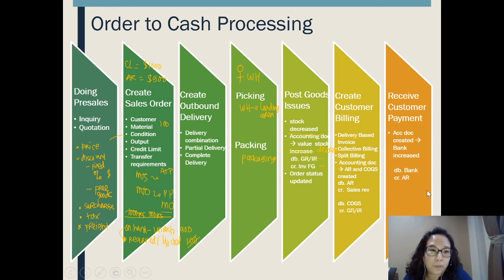So if we see the journal that will be created, the debit is filled with the bank because our bank is increased, and the AR is deducted because the customer already paid. Okay, so that's the whole process of order to cash.